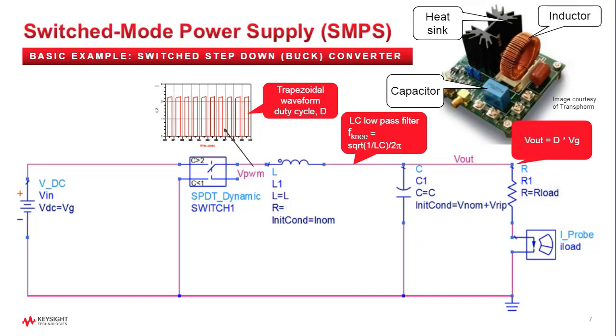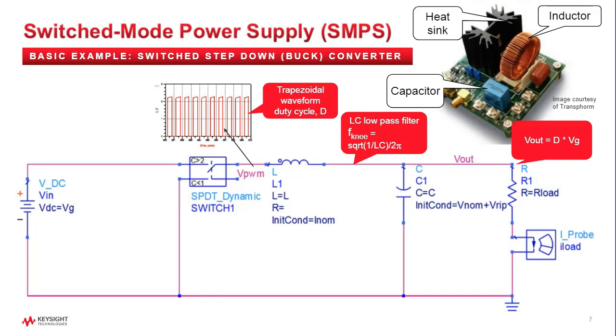We have an energy storage inductor and capacitor, and L1 and C1 form a low-pass filter so that this switched square wave with some duty cycle is filtered by the LC network so that all I get at the output is the DC that I want. That's the ideal presentation. This is the way it should work.